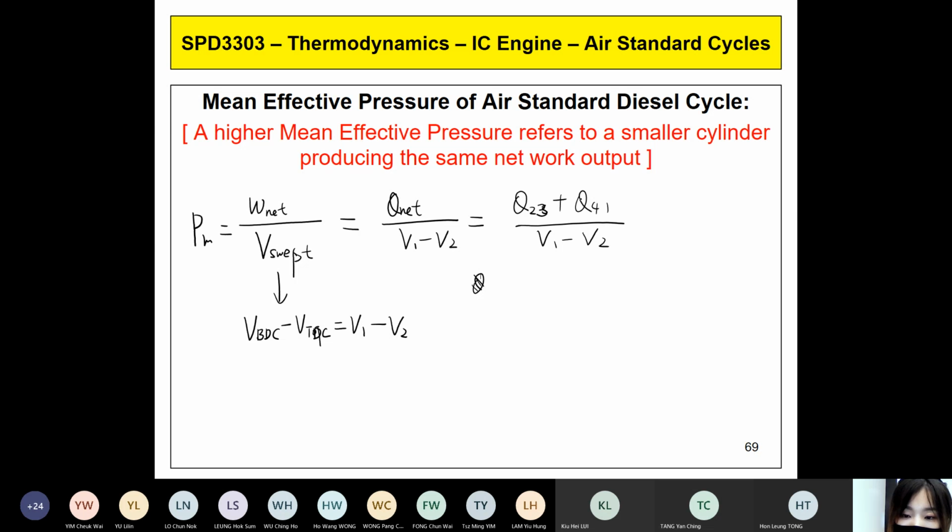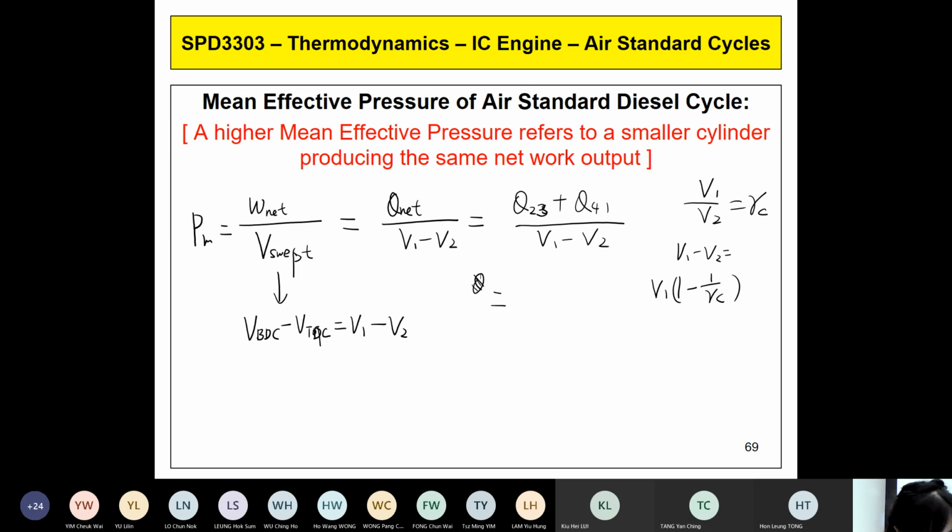What we have now is, let me show you this first. This is the compression ratio, right? So we can rearrange this equation as this.